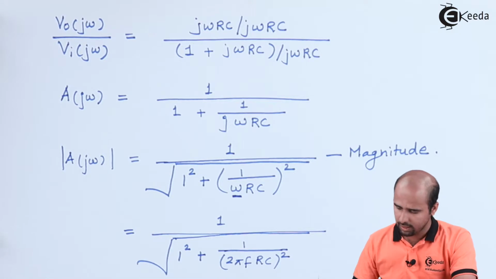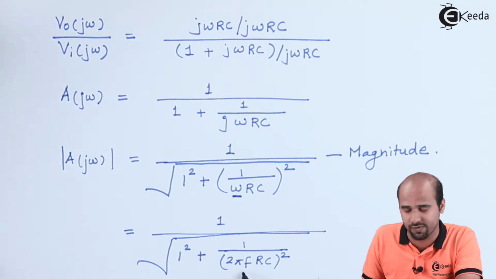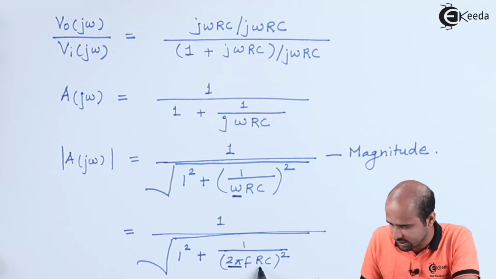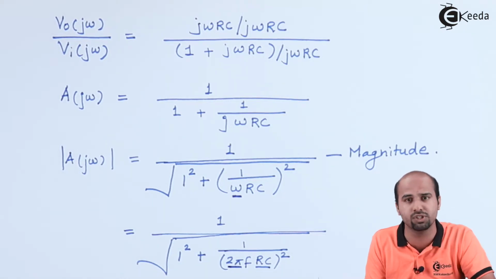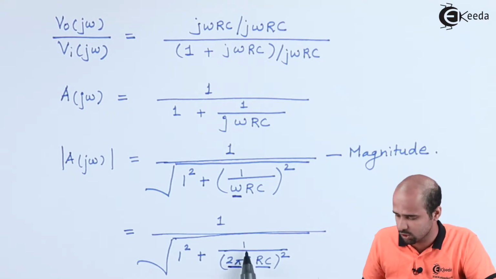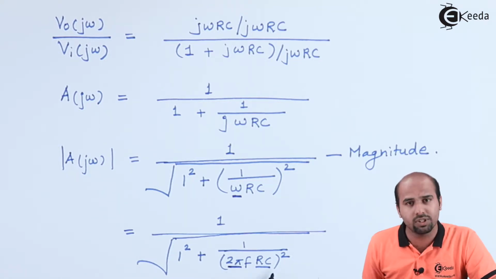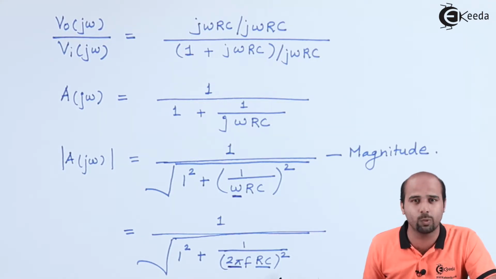Okay, and now I will put something different. I have this frequency which is varying. I wanted to know at what particular frequency I am getting higher magnitude of gain. So I will decide that 1 upon 2 pi RC is nothing but one particular frequency which is constant if R and C are constant. All the elements in my circuit have constant values. RC is nothing but the time constant. So 1 upon 2 pi RC is nothing but a frequency.